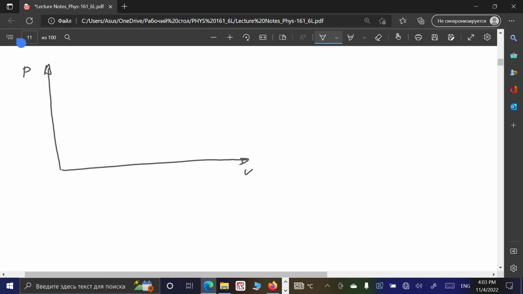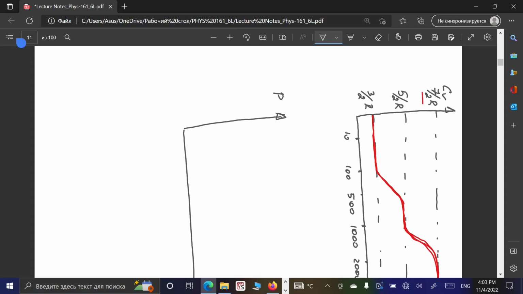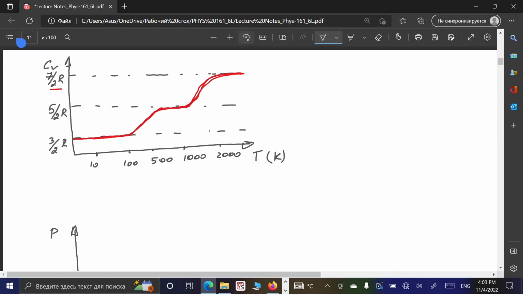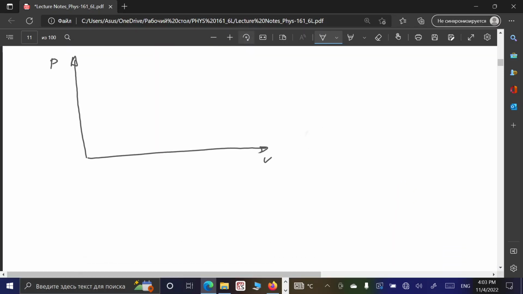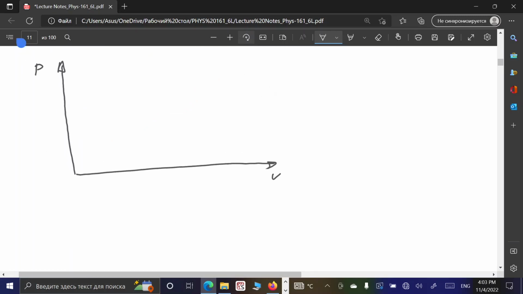And here we show two isotherms. What does it mean? That any point on this curve corresponds to the same temperature. So it's T1 and T2.